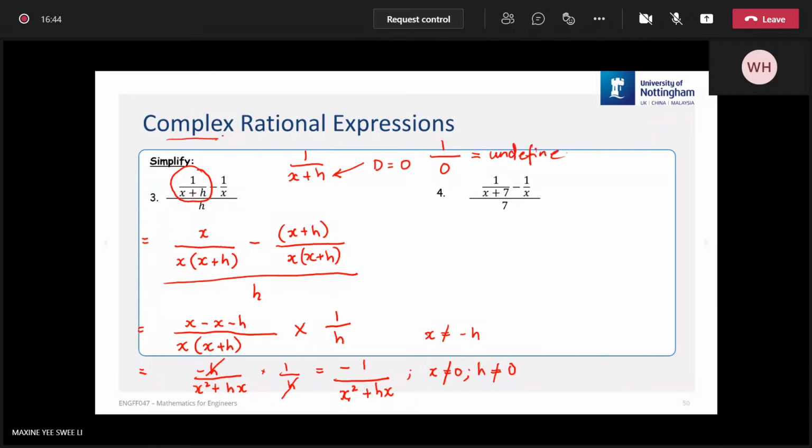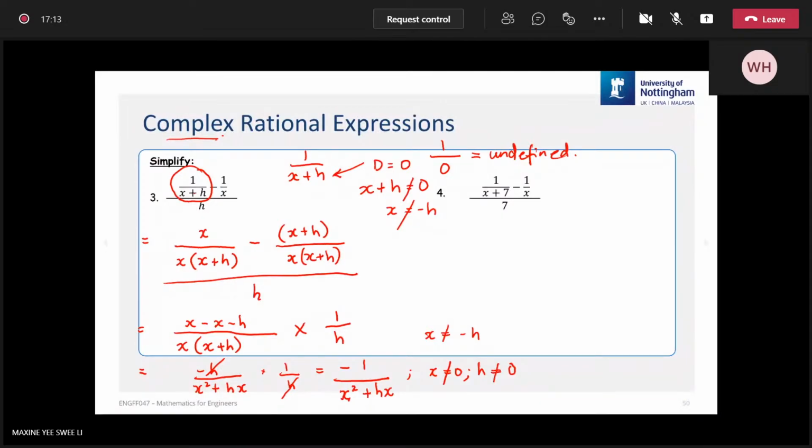We cannot divide a number by 0. So if x plus h equals 0, x will be equal to negative h. But we cannot have this situation because we cannot divide by 0. So therefore, x cannot be equal to negative h. Okay, thank you. All right.